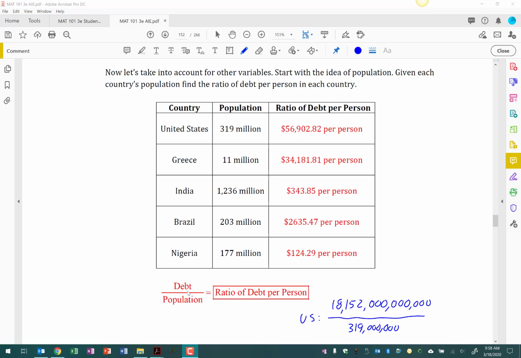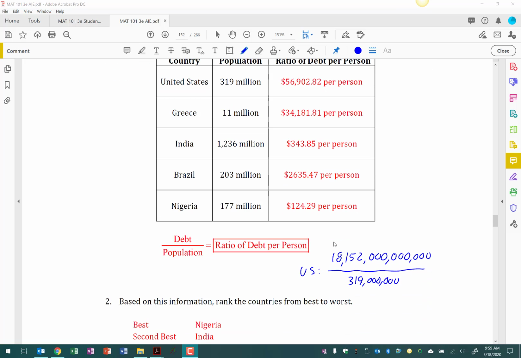That's what this formula is telling us to do. That is, we're converting it to a unit ratio, and we end up with a debt of $56,902.82 per one person. So that's where the 1 comes from in our unit ratio. You can do the same thing using the debt numbers from the previous page and the population numbers for this page, for each of these 4 countries, and you should get these numbers. You should try that on your own. Make sure that you're figuring this out correctly and working this through the calculator correctly.